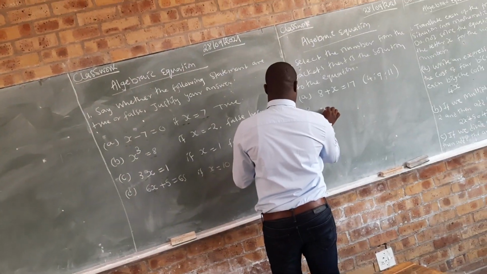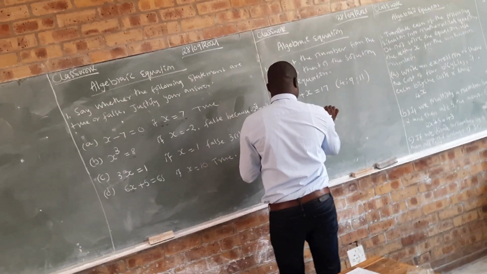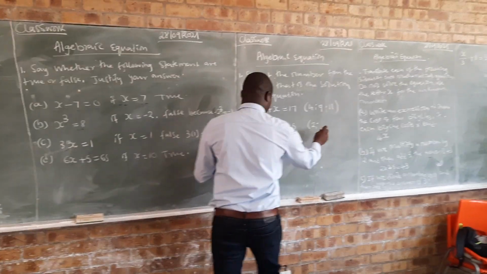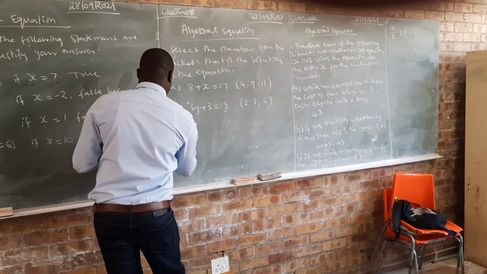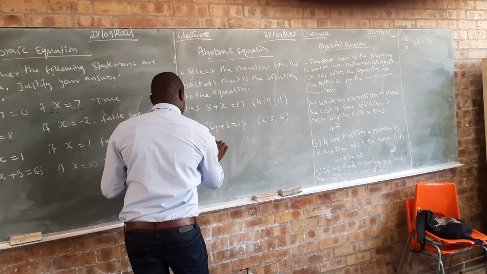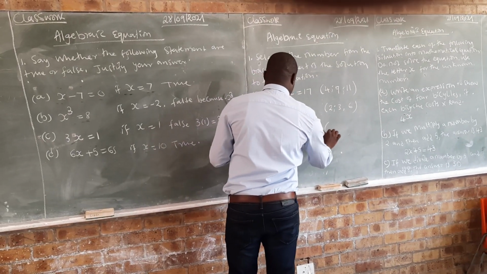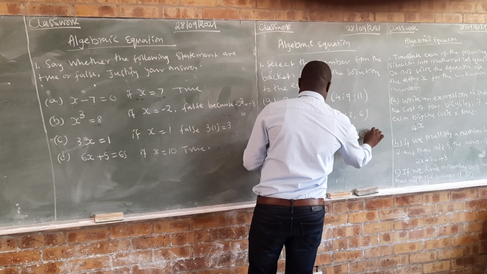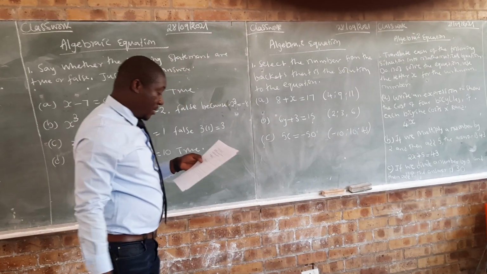Number B, we have 6y add 3 equals 50. 2, 3, 6. Number C is 5c equals negative 50, negative 10, or negative 10, and 45 is.